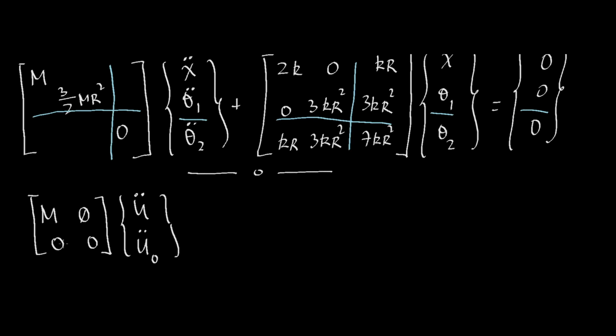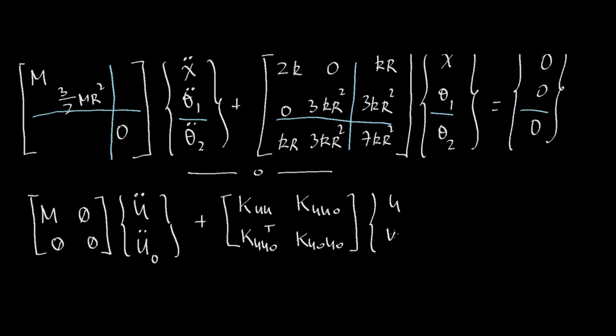I will use this notation in order to emphasize that these are matrices, plus, in our general case, a matrix that can be written in the following way. I will write it first. This will be equal to 0.